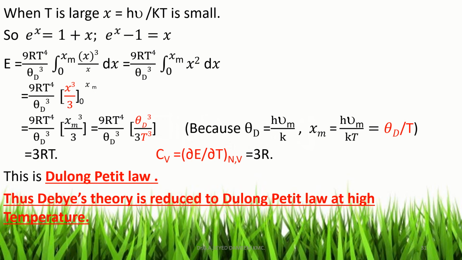Now on differentiating this equation we get the value 3R. This is the Dulong-Petit law. Thus Debye's theory is reduced to the Dulong-Petit law at a high temperature.